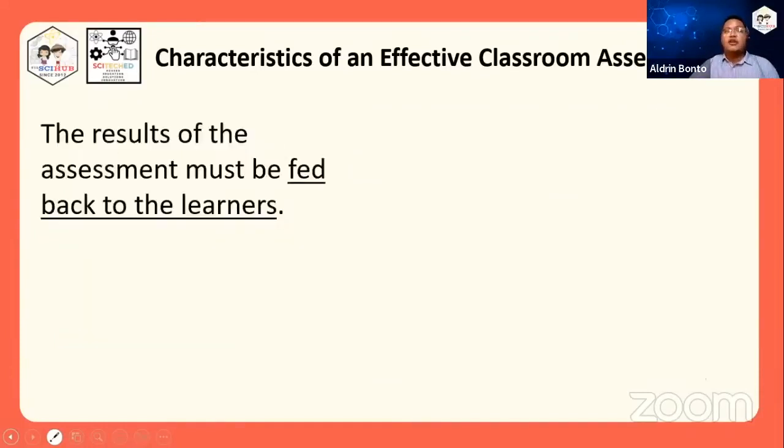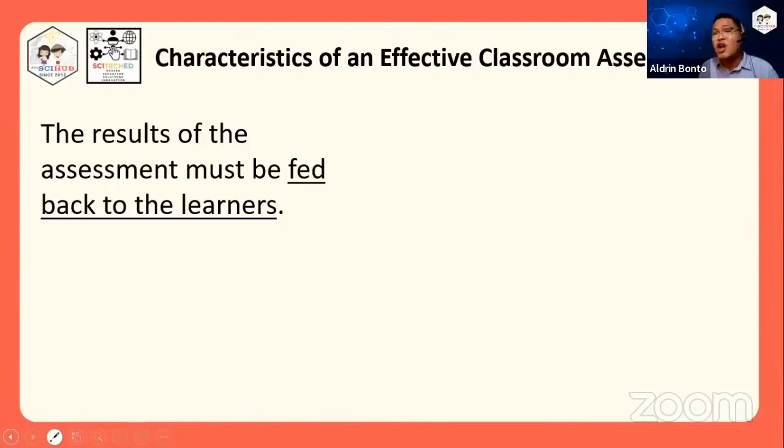Okay. So another characteristic of effective classroom assessment is the result of the assessment must be fed back to the learners. So technically, eto tayo, sa sobrang dami nating tinuturo every day or sometimes ang dami nating students, we tend to forget this one. Ang ibibigay na lang natin sa bata is their final grade. 'Di ba? Like, at the end of the period, bibigyan natin ng 75.